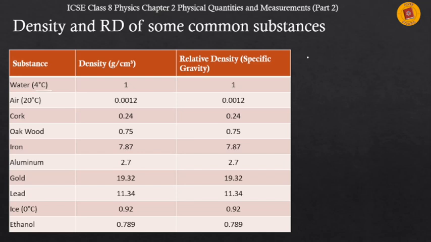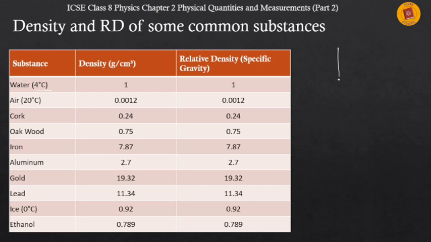Water has the greatest density at 4 degrees centigrade. Whenever we heat water from 4 degrees centigrade, the density decreases, and as we cool down water, for example to 3 degrees centigrade, the density of water will be less than the density of water at 4 degrees centigrade. That is why ice has lesser density than water.